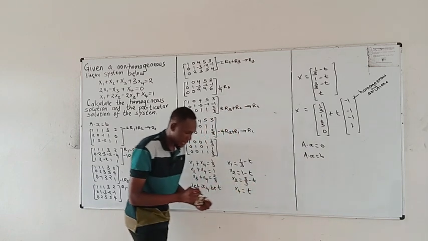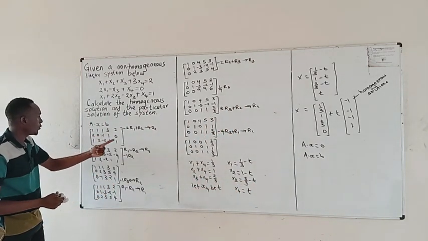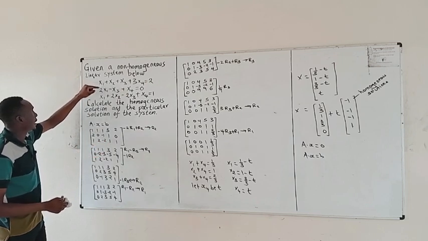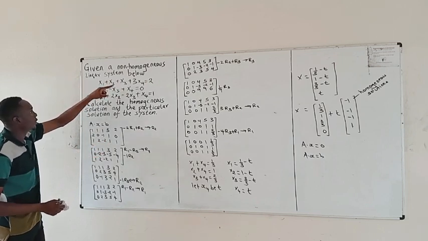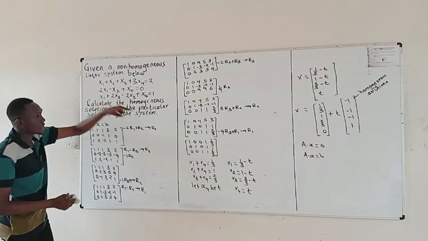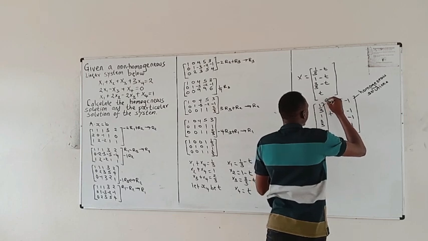When we equate in the linear system of the non-homogeneous, it will give us 2, 0, and 1. This is our particular solution.